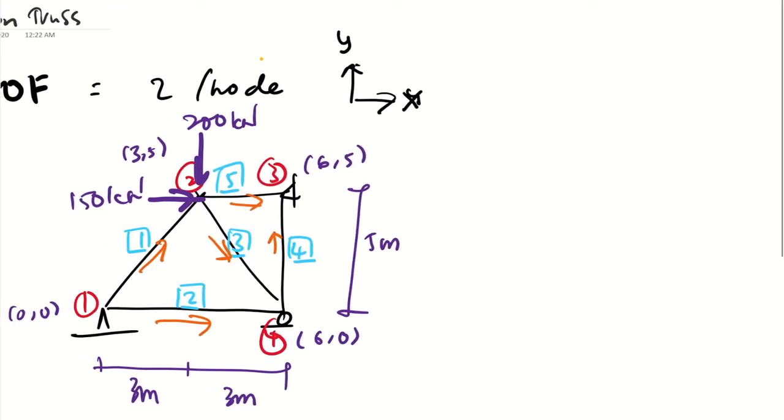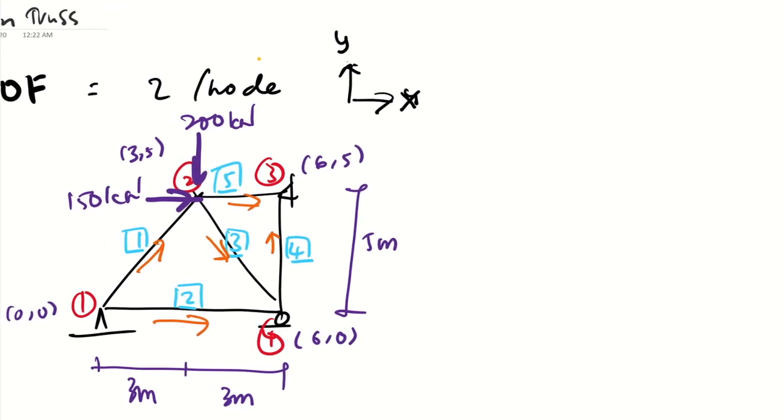If we sketch the diagram according to unconstrained and constrained, look at the support. There are 5 unknown reactions: 2 at node 1, 2 at node 3, and 1 at node 4.